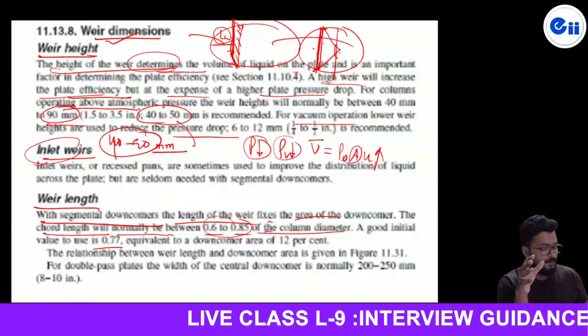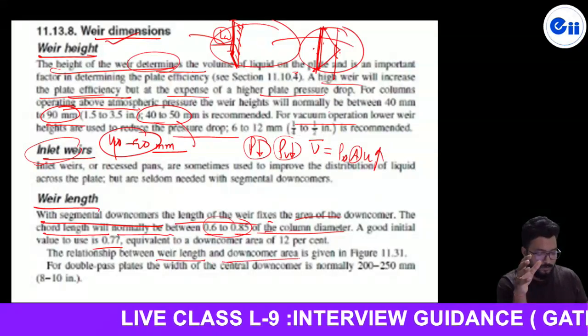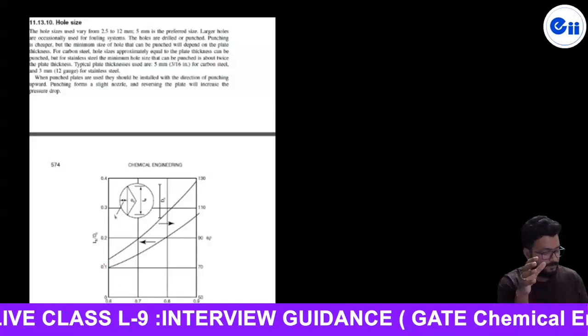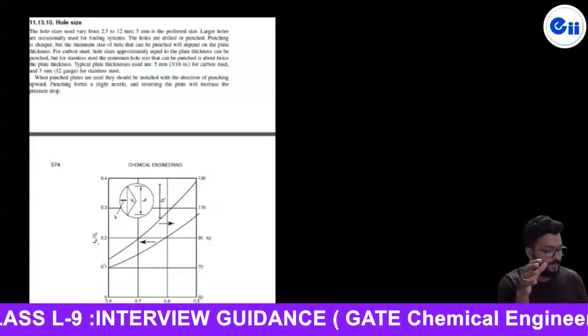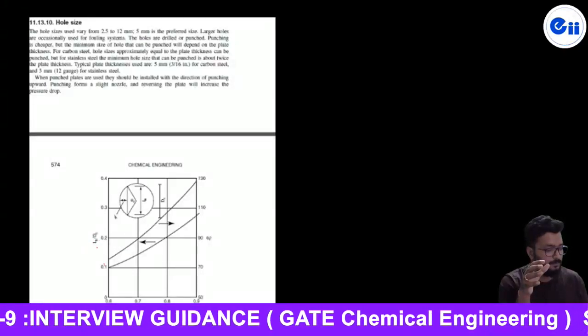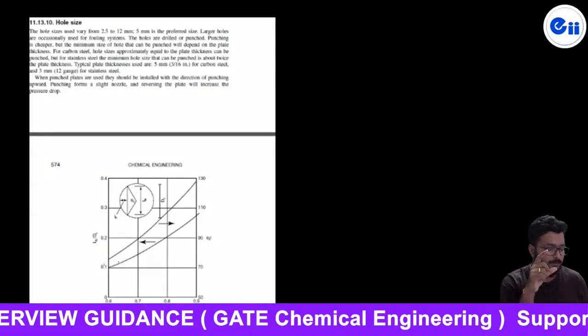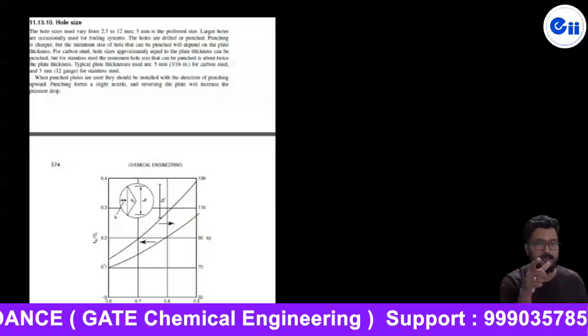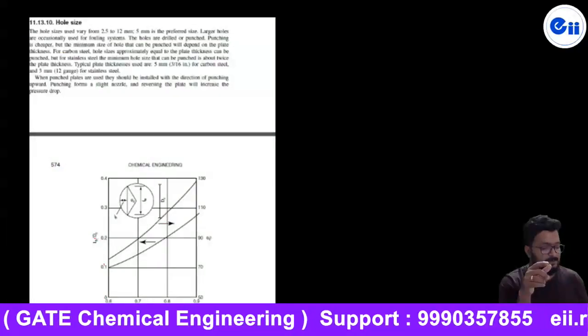So that is your, and the relationship between the weir length and downcomer area is given in the figure. ये जो figure है, here it is a figure. So it is your LH. LH here. They have used the terms LH for the weir height, and D is the diameter of the column.